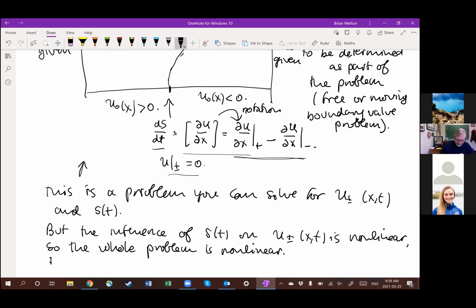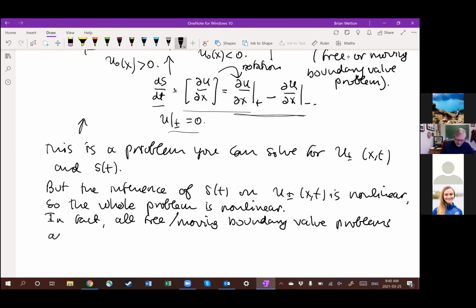And in fact, all free boundary value problems are nonlinear. So, okay, we've left the world of linear problems. You can't superimpose solutions in this sense.